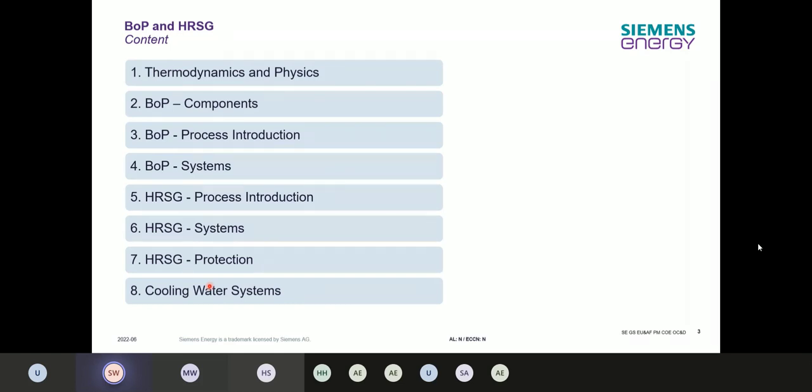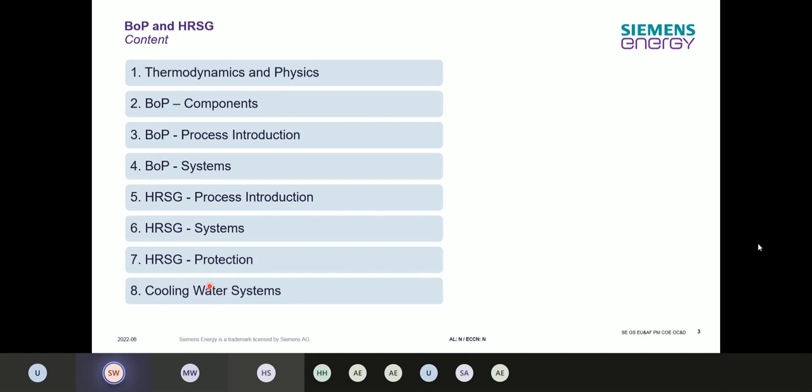So it's coming from, I think, a Chinese manufacturer. So we're putting it here together to provide a training for you and giving training information. Let's say all the information we're getting, but it's not a Siemens standard boiler or water steam cycle or cooling water system.